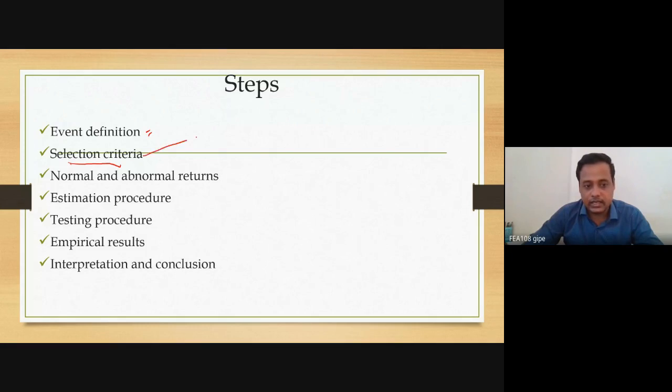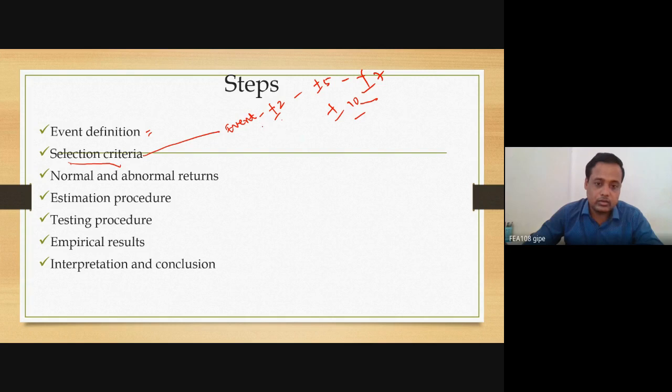What selection criteria will come out? First, we want to decide whether to measure this event for plus or minus 2, plus or minus 5, plus or minus 7, plus or minus 10 days, or what.